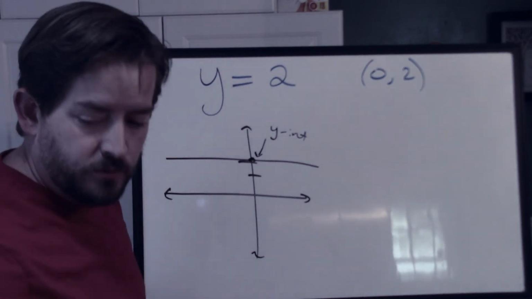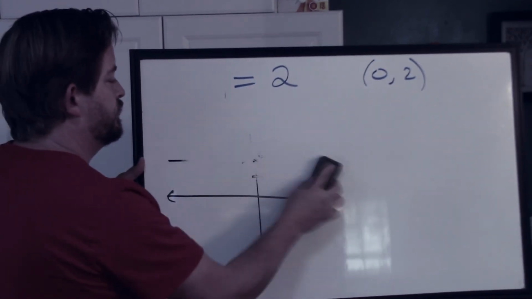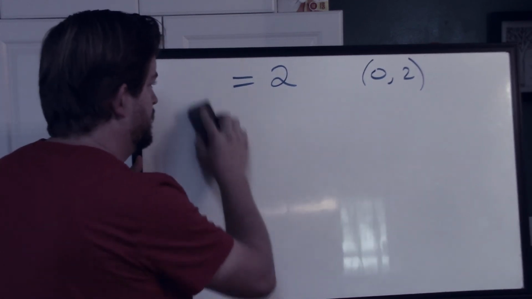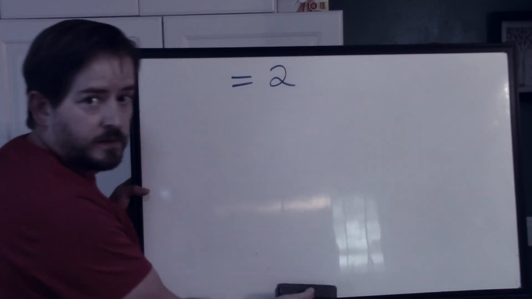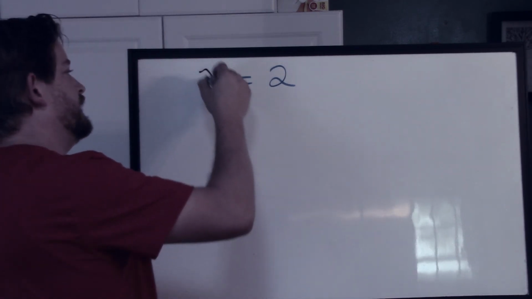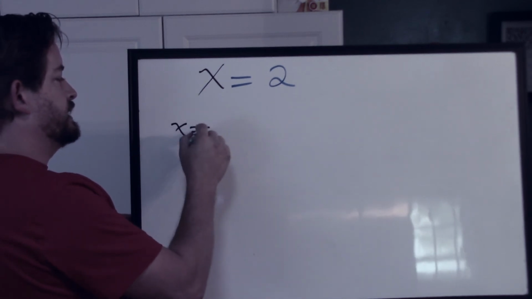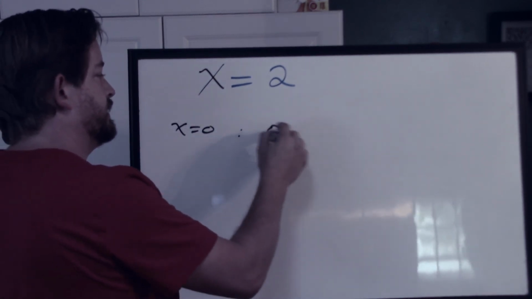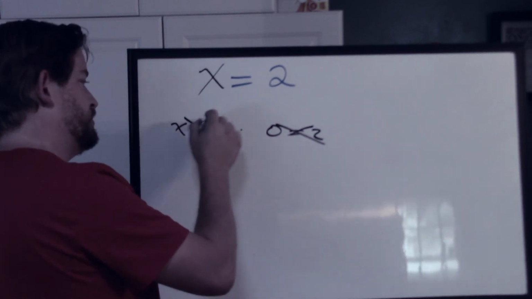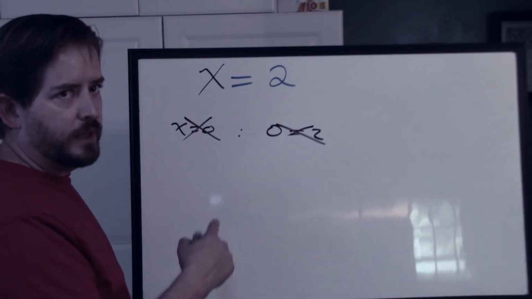And of course, since we have a horizontal line, we could also play around with a vertical line. If I have, say, x equals 2, I can't ask what happens when x equals 0, because then that means 0 equals 2. That doesn't happen, so x is never 0, which means I never have a y-intercept.